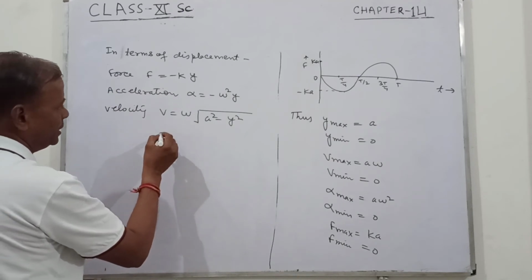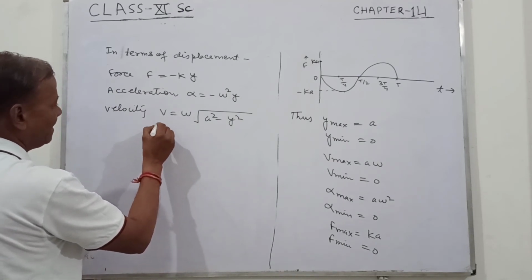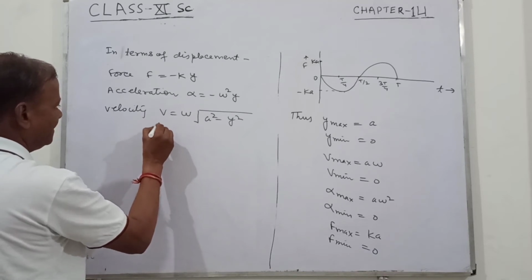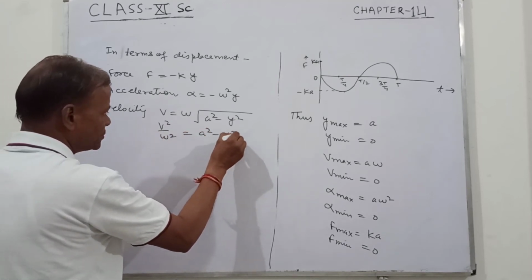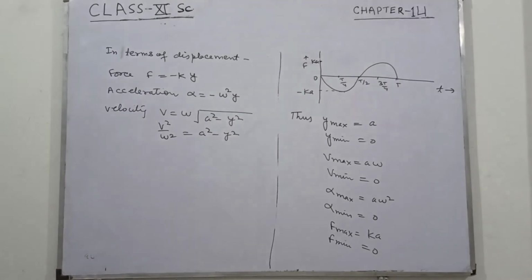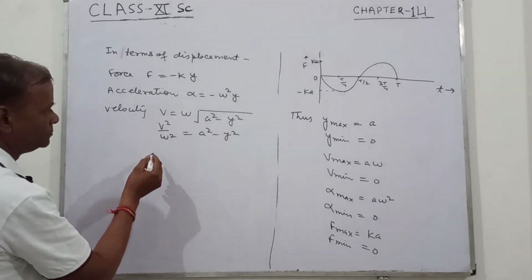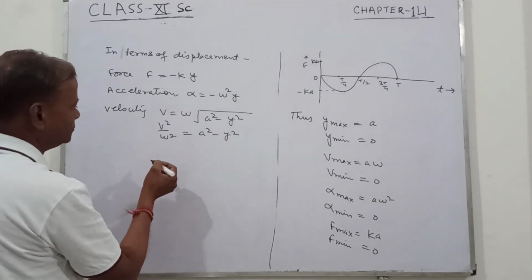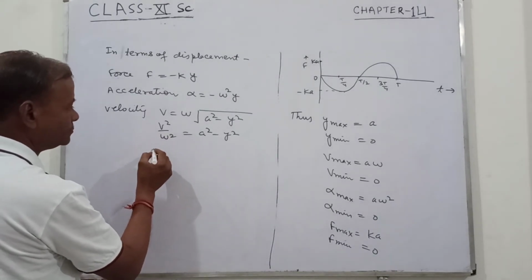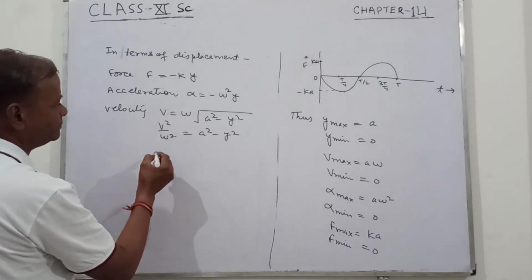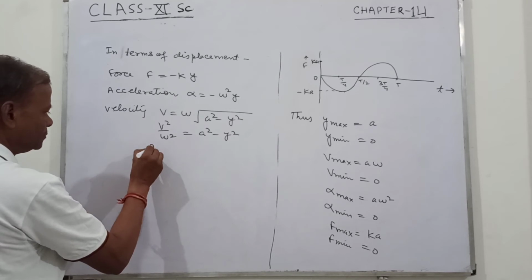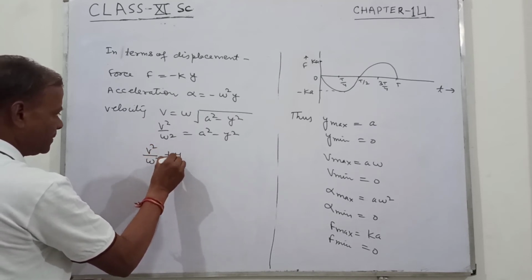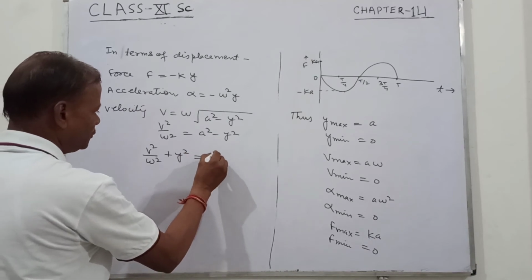So we can write it down like this. v square upon omega square equal to A square minus y square. v square upon omega square plus y square equal to A square.